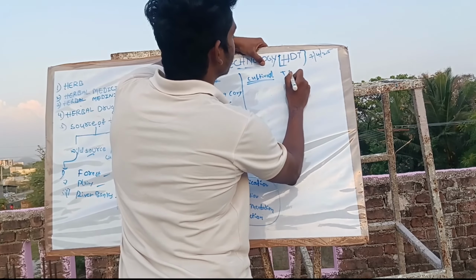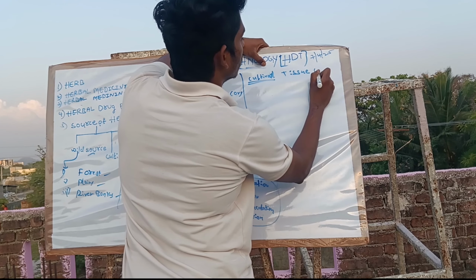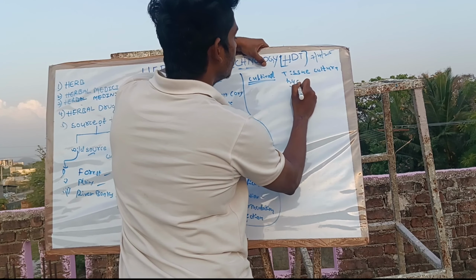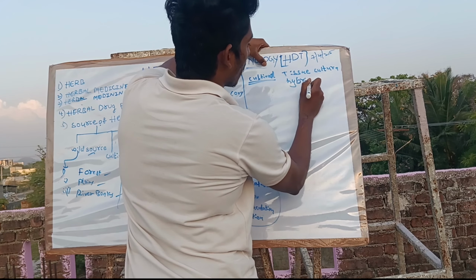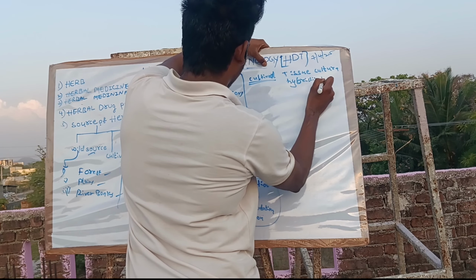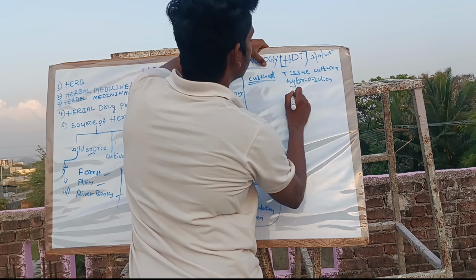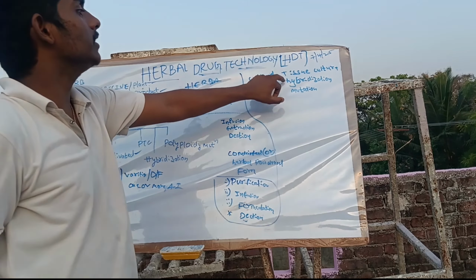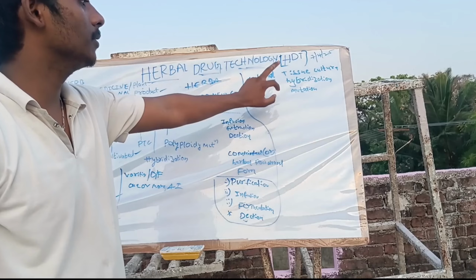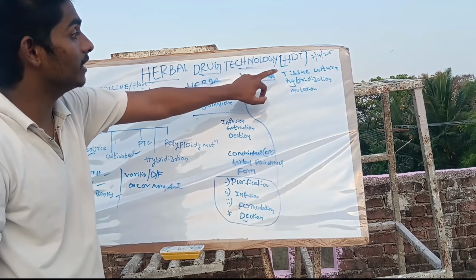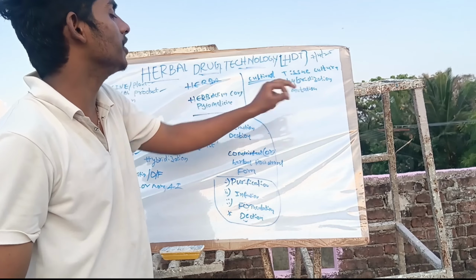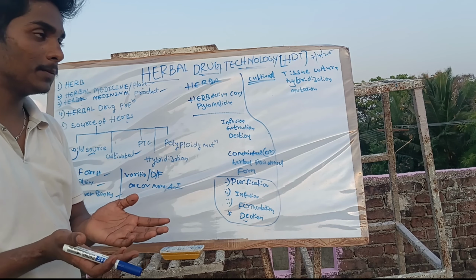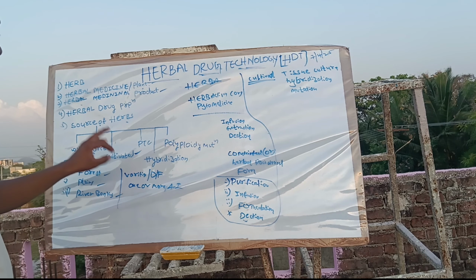First is tissue culture, hybridization, and mutation. By using these three different methods: tissue culture, hybridization, mutations, the herbs will be cultivated in the cultivated process.